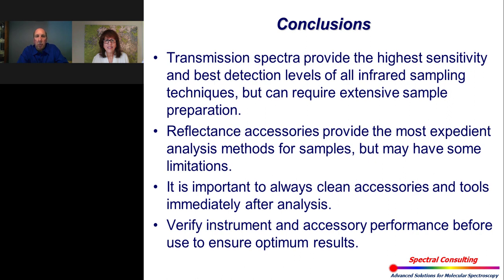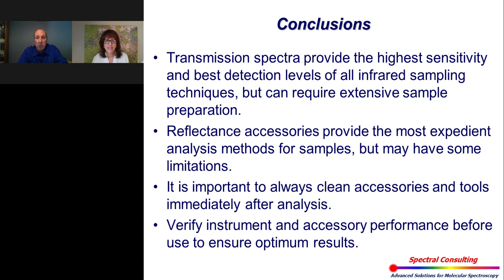A lot of times what we'll do is we'll take some standard sample that we know what the results should be. We run that sample using the accessory or the analysis method and make sure that we're getting the proper data. If we don't see the valid data that we're expecting, then we need to investigate whether the accessory is faulty, like say it's not properly aligned, maybe it's not tuned properly, maybe our potassium bromide for diffuse reflectance is wet, or perhaps for a KBr pellet, it's wet.